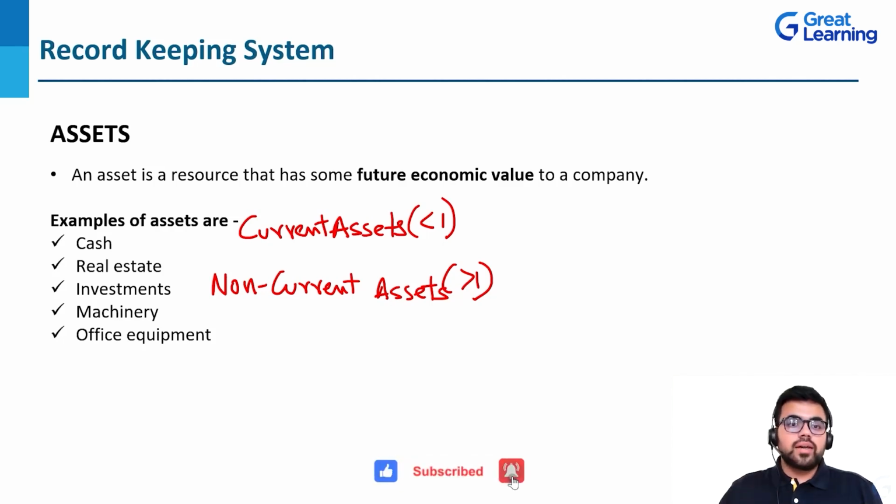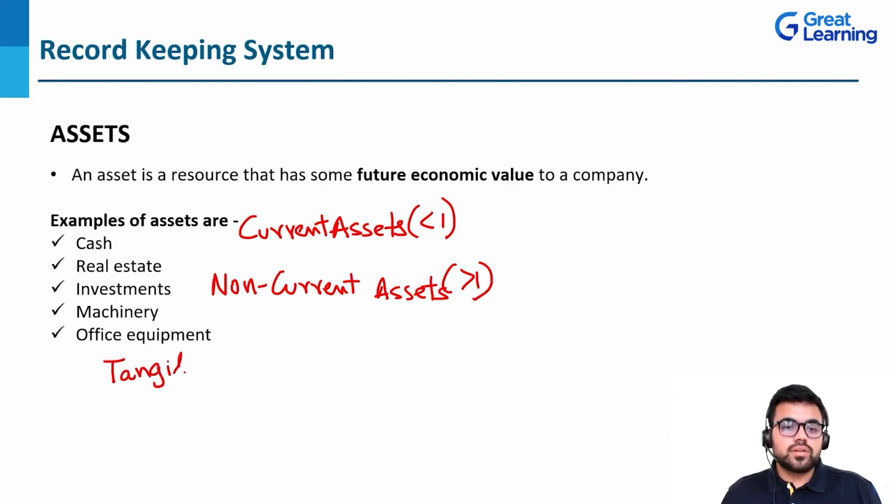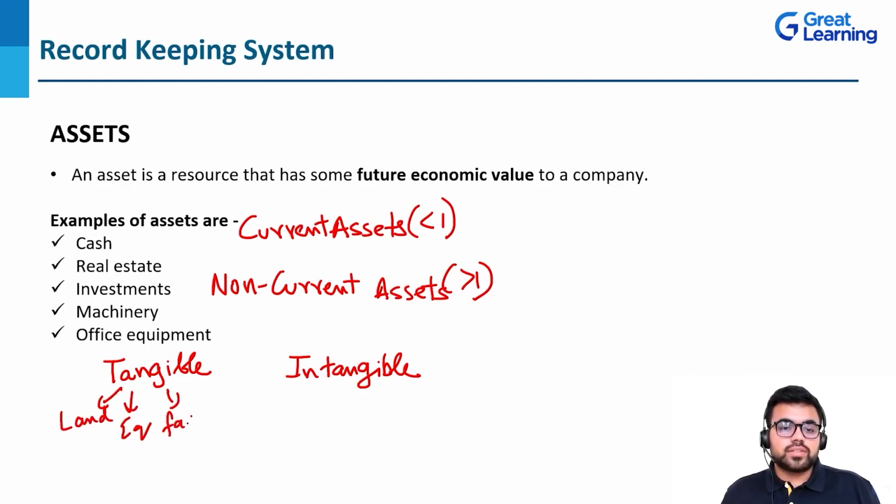Assets can also be distinguished into two other types. Let me show you. It can be distinguished between tangible and intangible assets. So tangible would be something that is physically present, what you can touch or feel, like land, equipments, factories, vehicles, etc. While intangible would be something that we cannot see or touch.